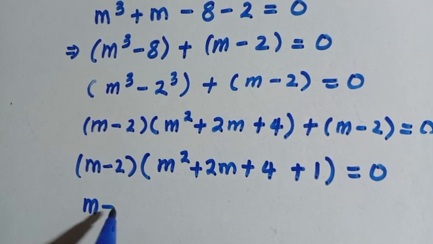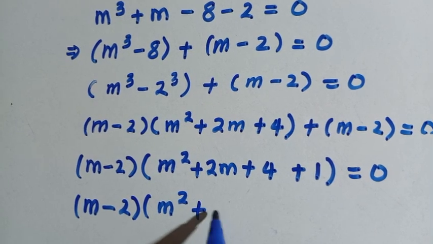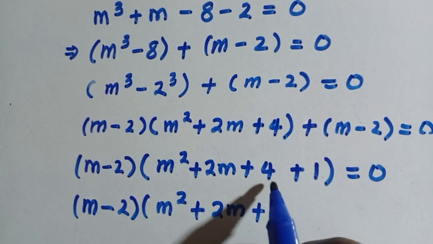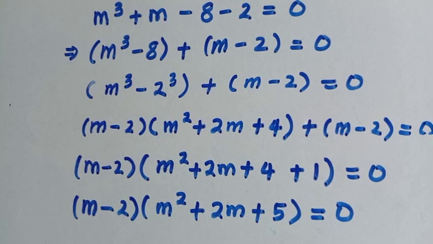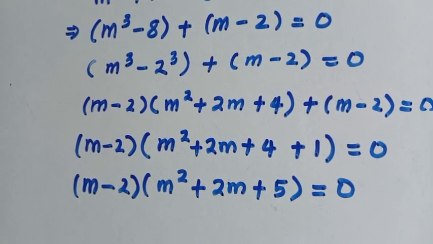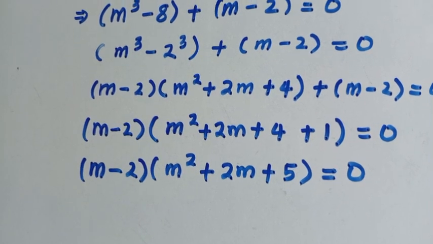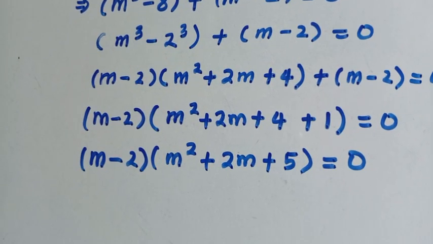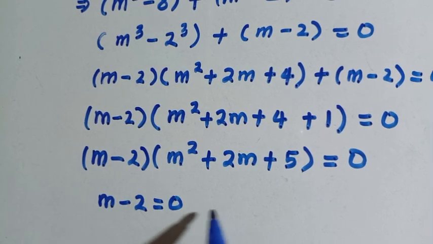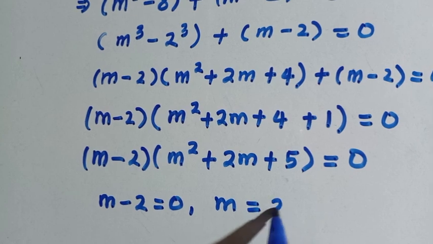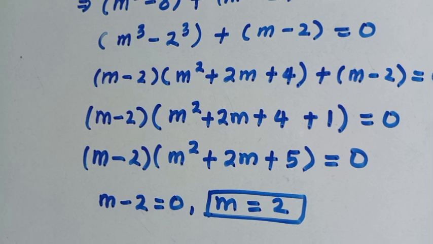Then m minus 2 multiplied by m squared plus 2m plus 4 plus 1, that is 5, equals 0. So we proceed by letting m minus 2 equal to 0 or m squared plus 2m plus 5 equals 0. So when we let this equal 0, this implies that m equals 2. And this is the first value of m we are going to get.